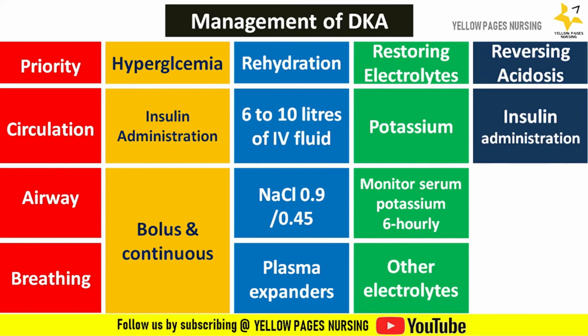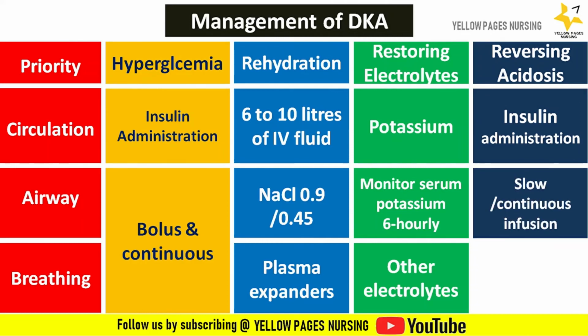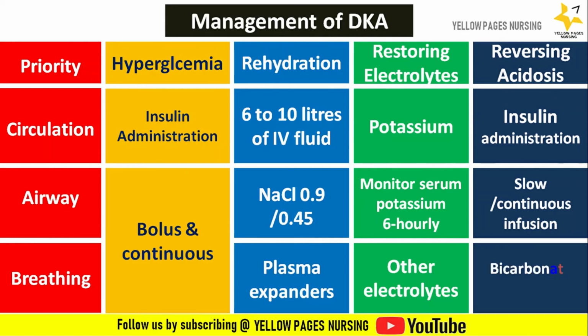The acidosis that occurs in diabetic ketoacidosis is reversed with insulin, which inhibits fat breakdown, thereby stopping acid buildup. Insulin is usually infused intravenously at a slow, continuous rate, for example, 5 units per hour. Bicarbonate infusion is also given for treating metabolic acidosis.